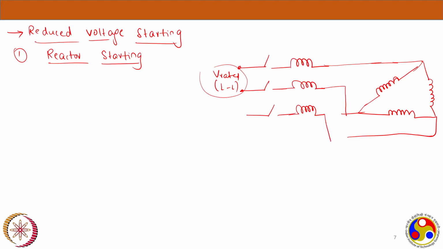Now if you have some reactor, the voltage across the winding will not be rated voltage because of this particular reactor. At this point it is V rated, but at this point it will not be V rated.